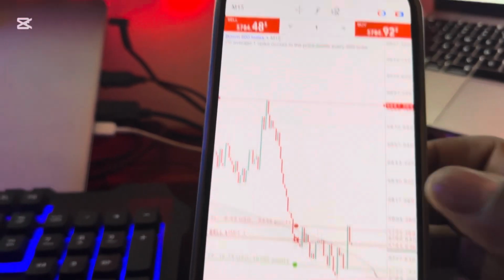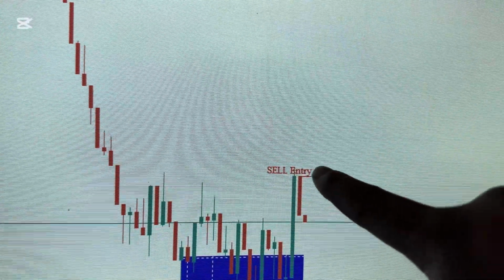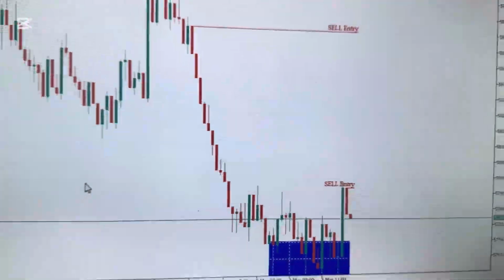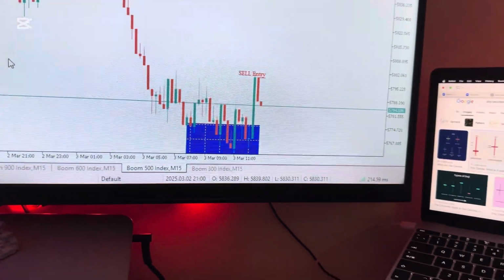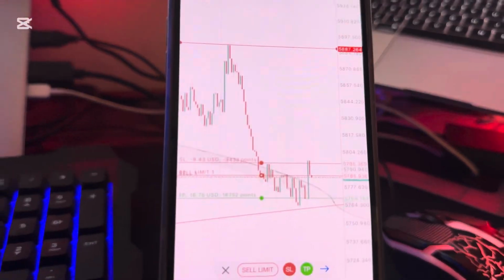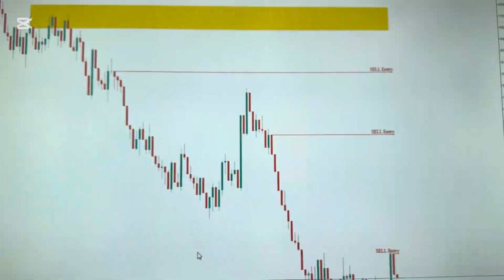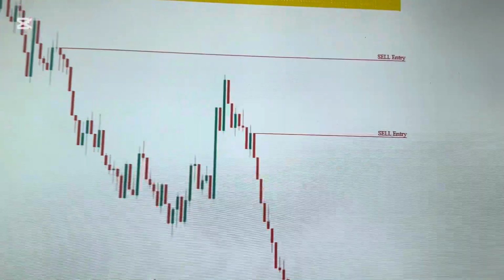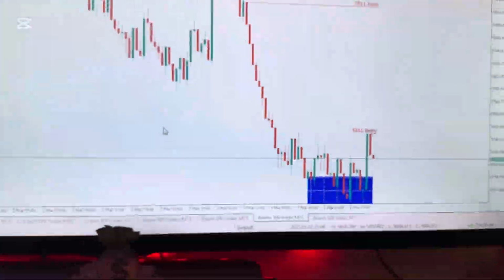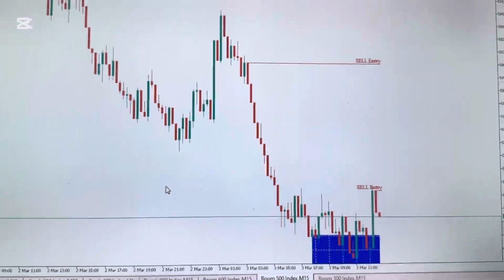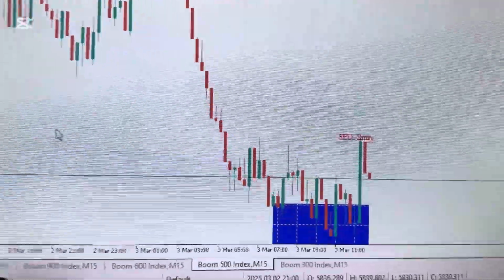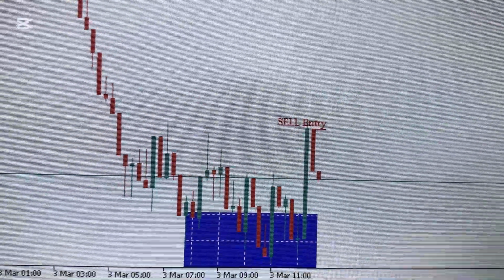The SL is just above the entry. If price goes above this entry, we know that this trade failed. And so our take profit is around this region, this blue zone. And that gives us about $16 with one lot size. And we are risking about $8 for the trade. So if we win, we win. If we lose, well, we just lose about $8 on that trade. So let's see how this indicator is going to perform.